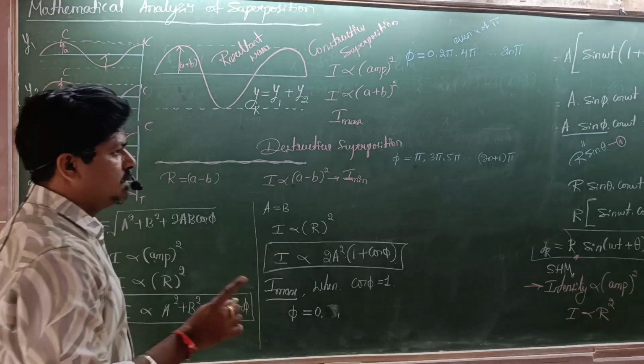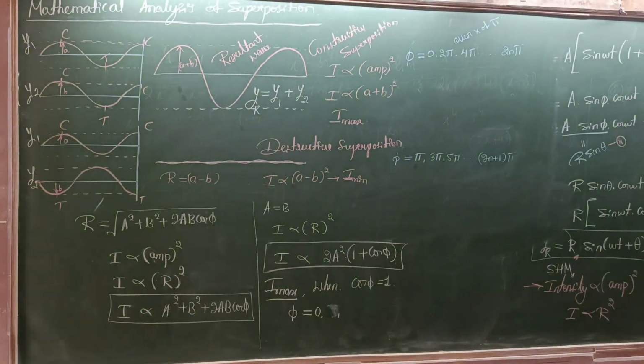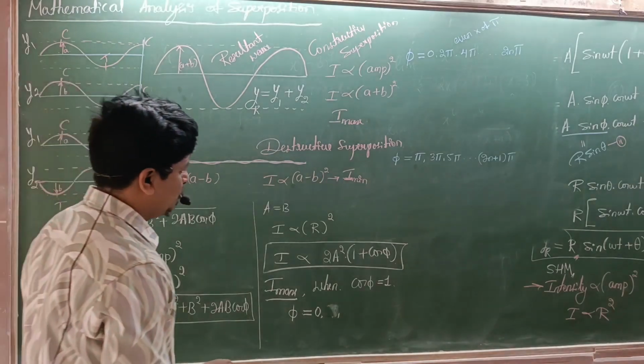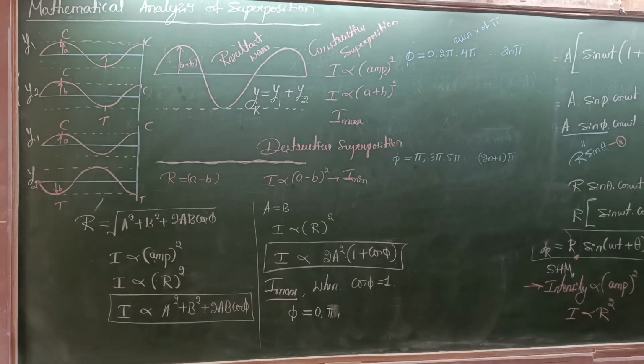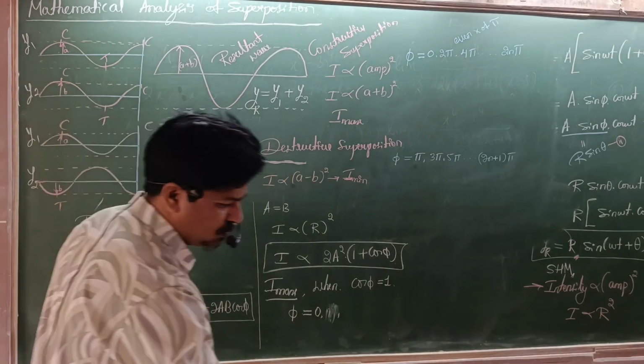Cos 0 degree is 1, cos 90 is 0, cos 180 is minus 1. Phi is equal to 0, we get cos plus 1.